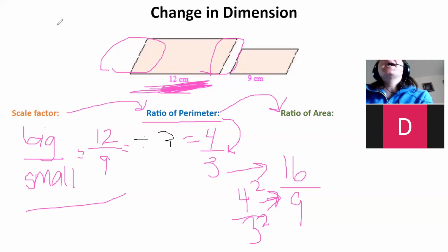So if we had just a different example here, let's say this side was 20 and this side was 5. If I wanted to give that ratio of the scale factor, I would go 20 over 5.